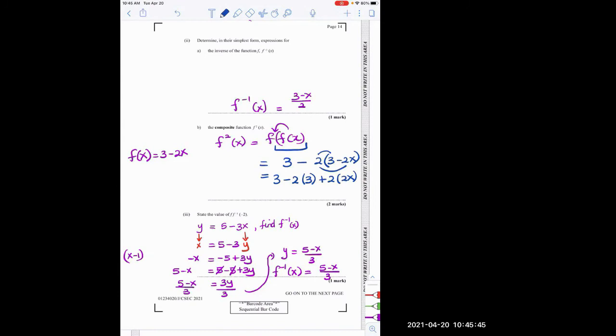Yes, but simplify it, please. Okay. Write the 4x first because the 4x is positive.